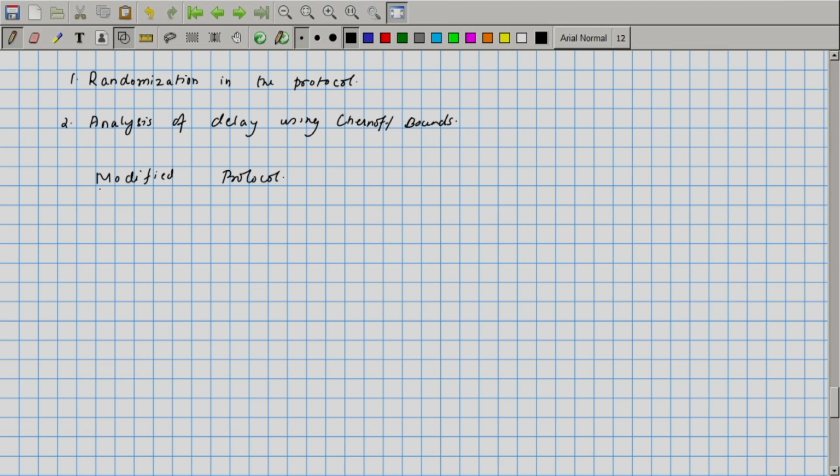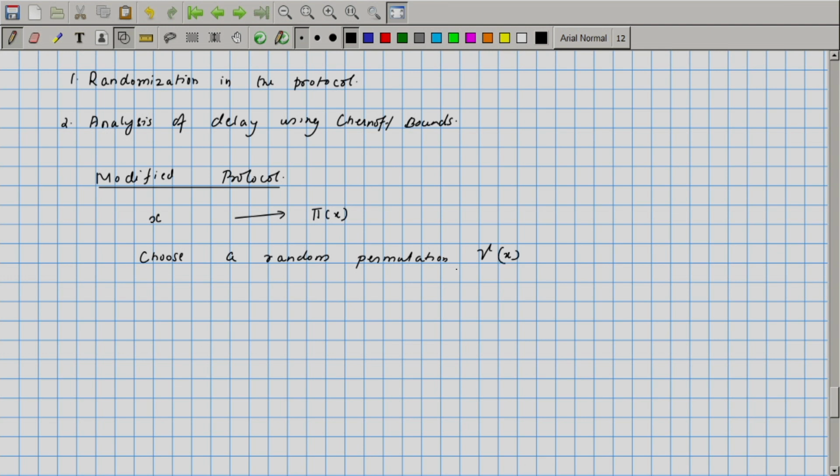Okay. So, let us just look at the modified protocol. So, we had all these sources and the corresponding destinations. Now, what we will do is, instead of the destinations given by the input specification, we will choose a random permutation, let us call it gamma x.